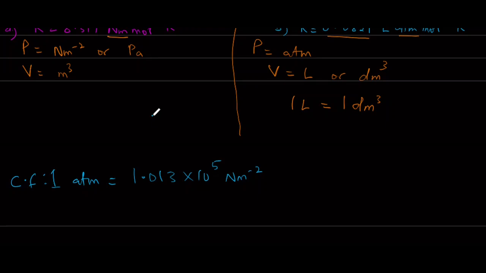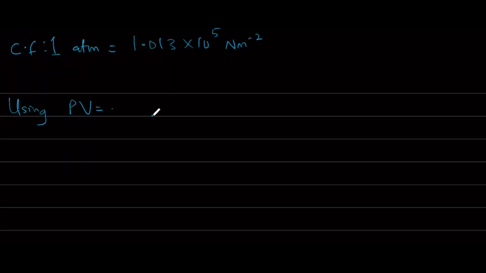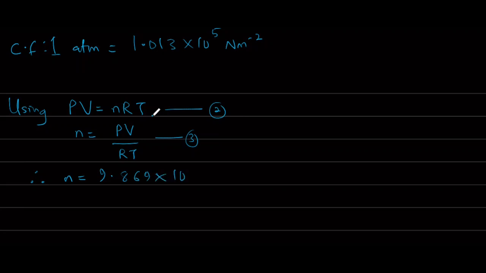Now that we have all the parameters, we start by using PV equals nRT, equation 2. We are interested in getting the value for n, so make n the subject of the formula. We have PV over RT, that's equation 3. Then we can solve for n: the pressure is 9.869, which is the pressure of the gas obtained from the pressure of the atmosphere and the saturated vapor pressure of water, times volume.